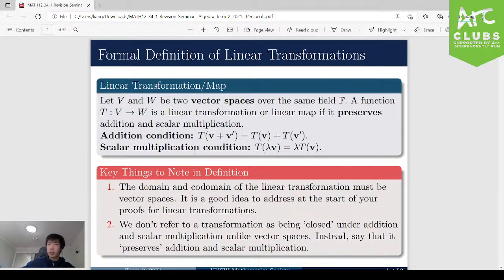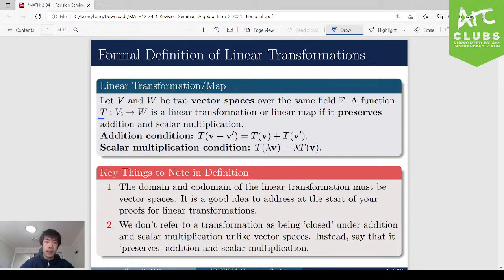Okay, great. So I'll be going through the next parts of the algebra section, which includes linear transformations and also eigenvectors and eigenvalues. The first thing I'll start off with is what it means for some mapping T to be a linear transformation.